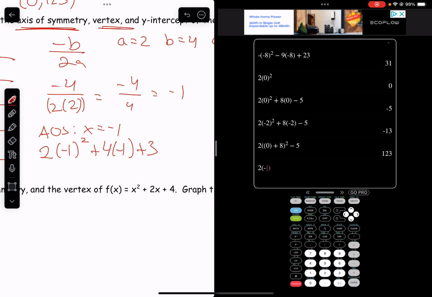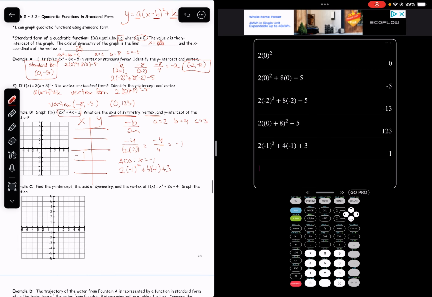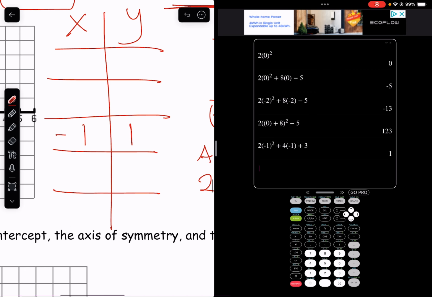So 2 times negative 1 squared, plus 4 times negative 1 plus 3. All right, so my output is 1. So that means that the y value of my vertex is 1.